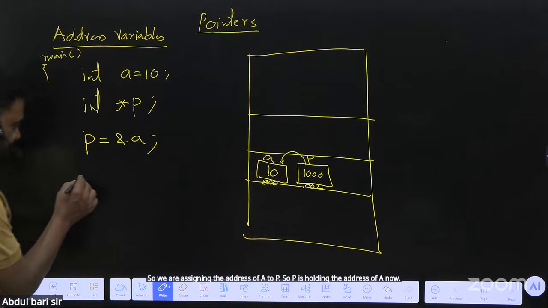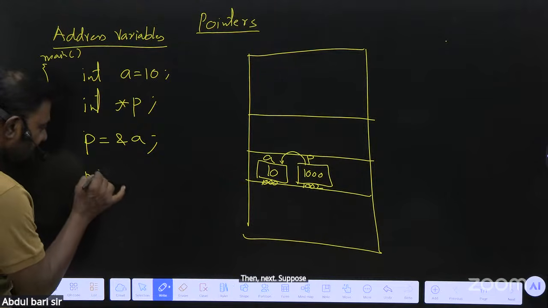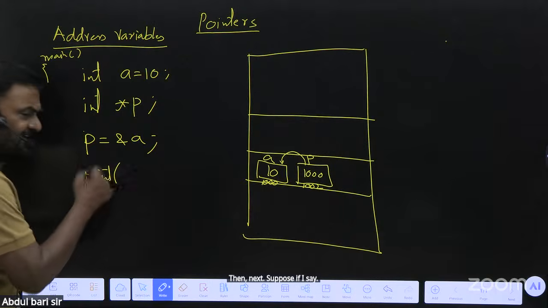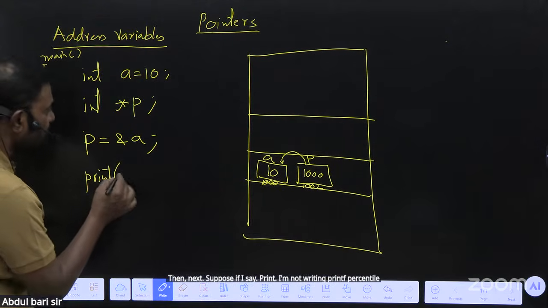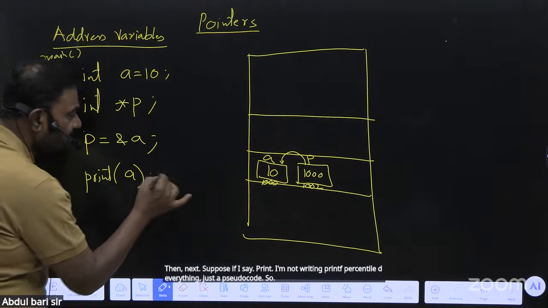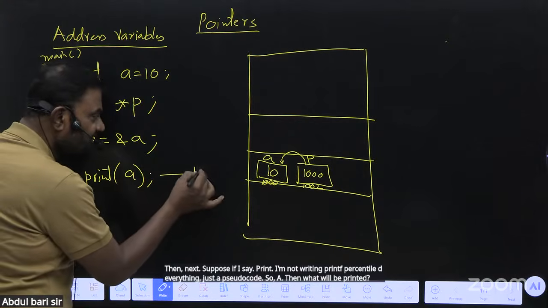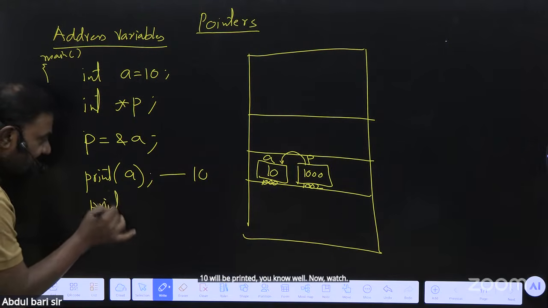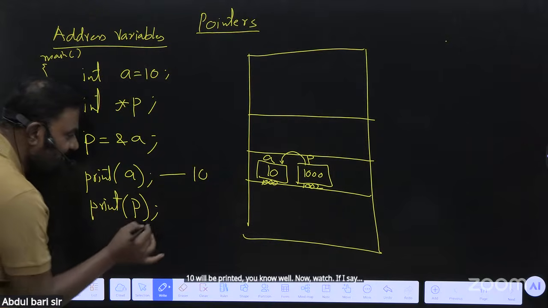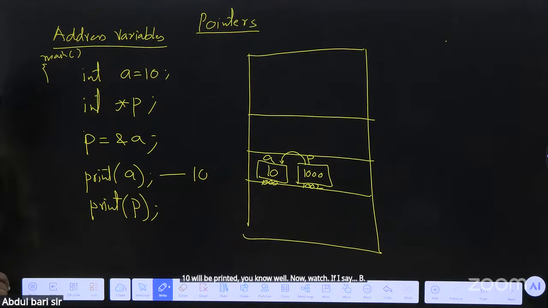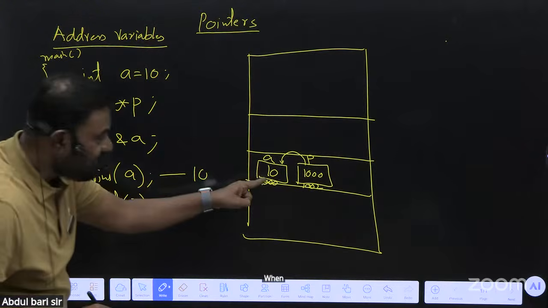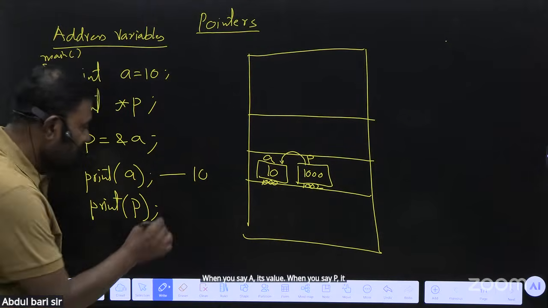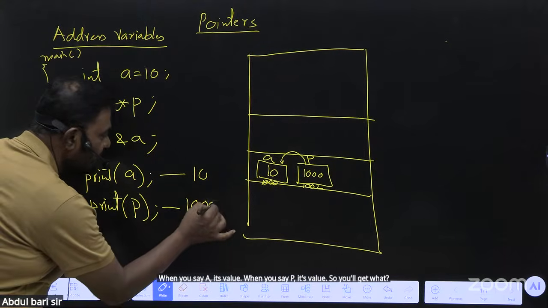Then next, suppose I say print a. I'm not writing printf percentile d, just pseudocode. What will be printed? 10 will be printed. Now, watch. When you say a, its value; when you say p, its value. So you'll get 1000.